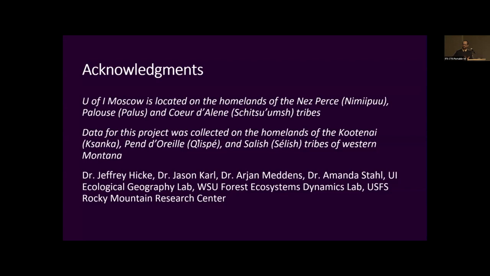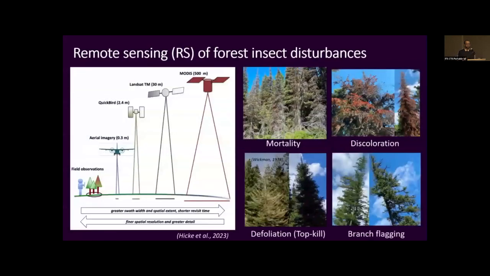First I'm going to present a brief, very short introduction to set up the background. Remote sensing is a very common tool used in the detection and monitoring of insect disturbances. One of the main advantages of remote sensing is the availability of data at various spatial, temporal, and spectral resolutions, as depicted on the figure on the left.